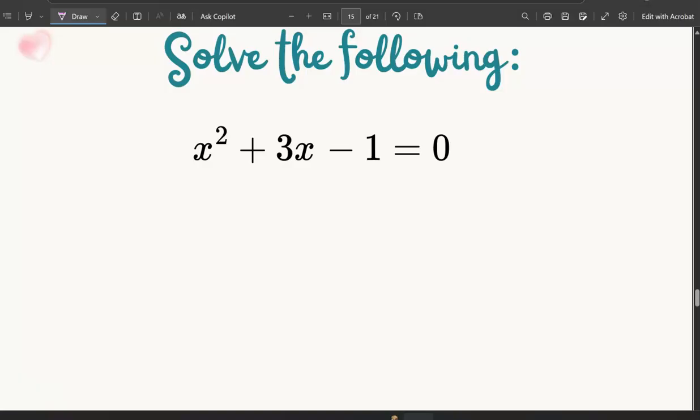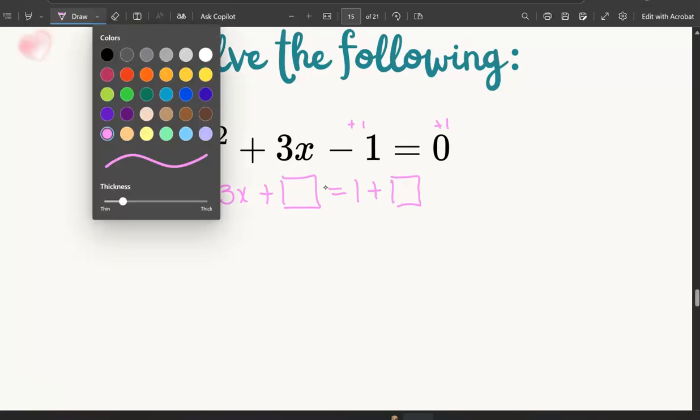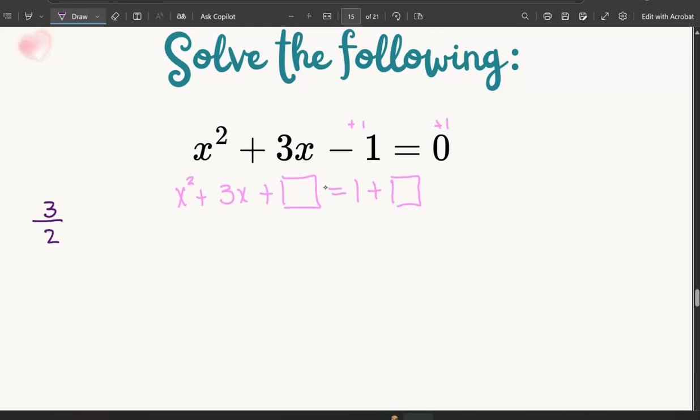Here's another one. This one's going to be a little bit trickier. I'm going to put it in the right format first. Notice I'm adding my 1 to each side to get that constant on the right-hand side. So what's going to go inside my box this time? If I take 3 divided by 2 and square it, that gives me 9 over 4.